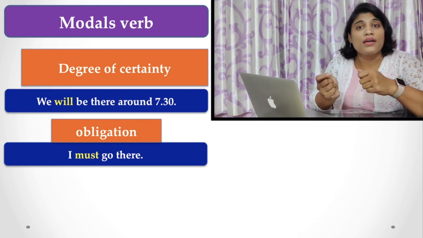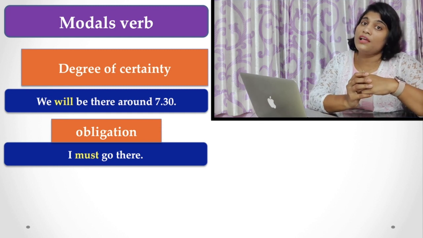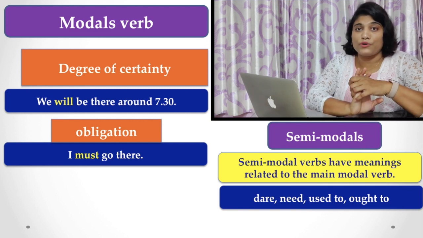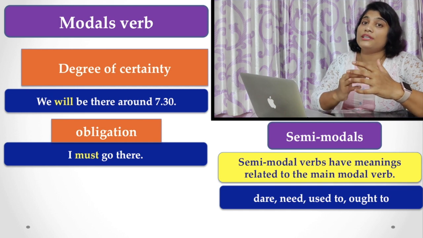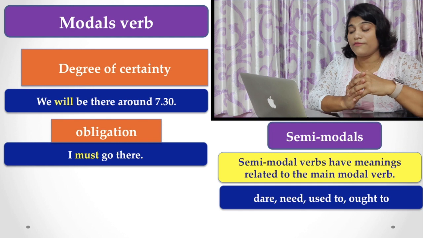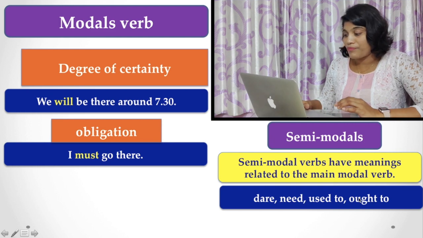I have to. In that sense, we also have to use the modal verbs. Now, there are some semi-modals. They add meaning to the main modal verbs and are used with them. What are they? They are dare, need, used to, ought to, etc.